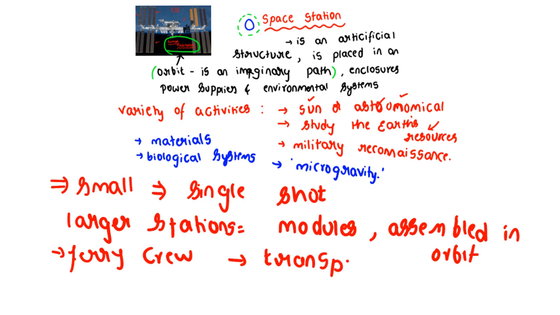Clear? So the space station also requires a ferry crew. Ferry means what? See, this is the space station in space and this is earth. So to carry the objects required for space research, everything will be carried to that place.